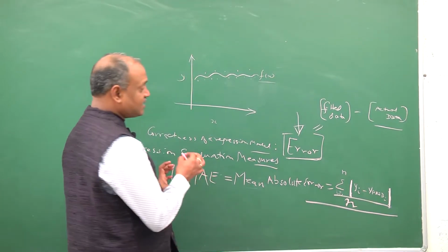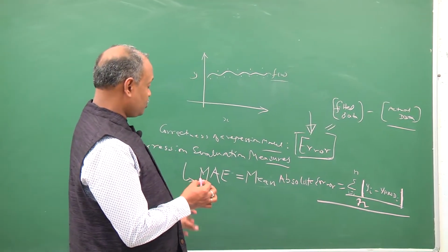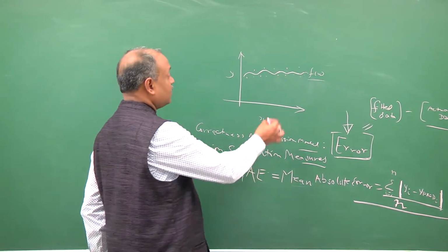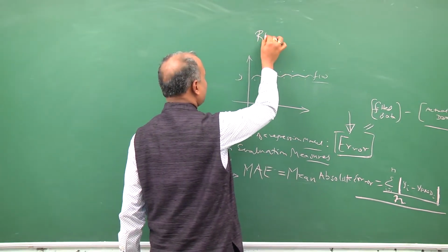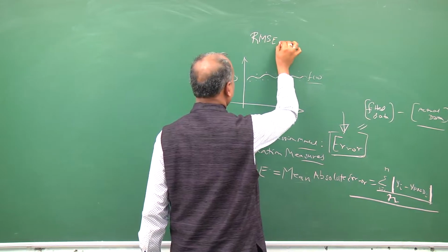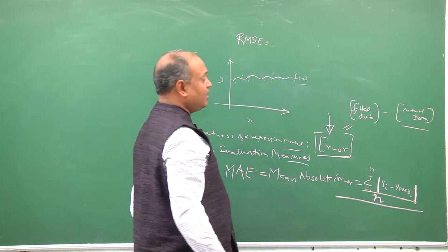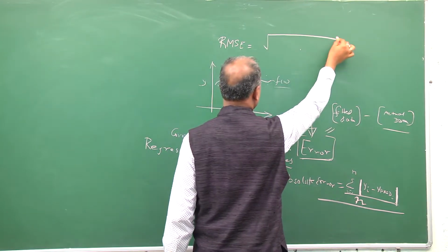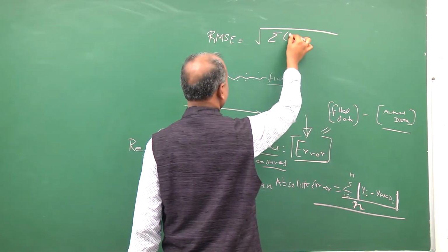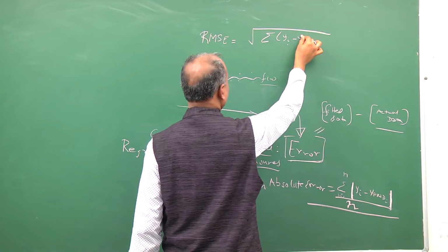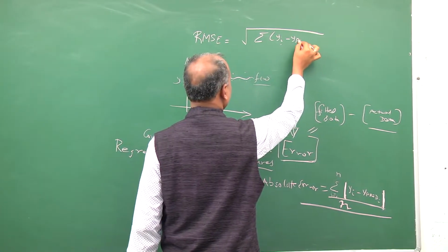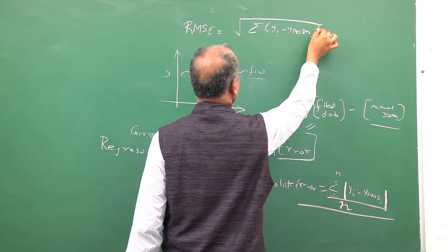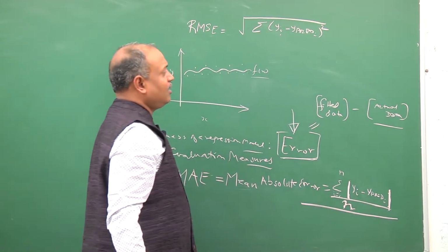A correspondingly similar but more popular approach to defining the error function is what is known as RMSE, which is basically the square root of sigma of (yi minus y pred i) whole square.